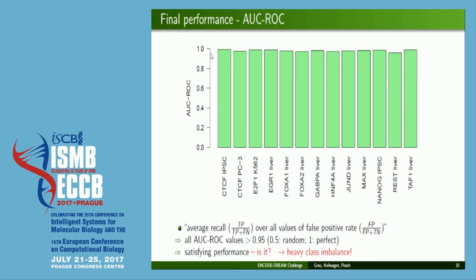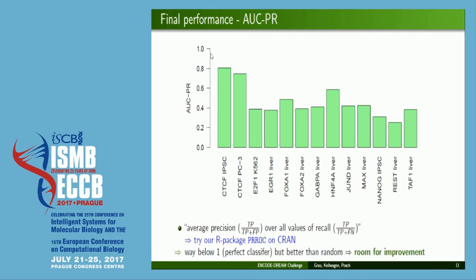So we have a ratio of positives to negatives of 1 to 100 in the best case, and far exceeding that number for most of the factors. So the area under the ROC curve might be a bit misleading. And if we now look for the area under the precision recall curve instead, we see that performance is not so great as we thought initially.